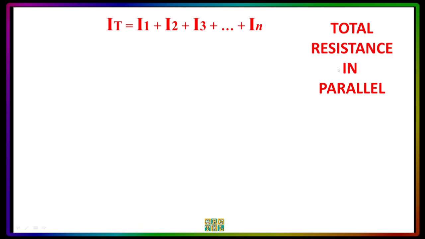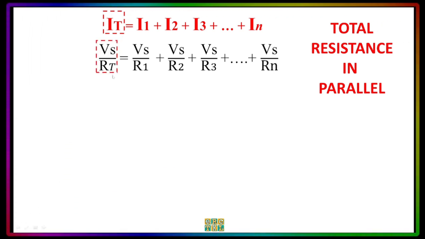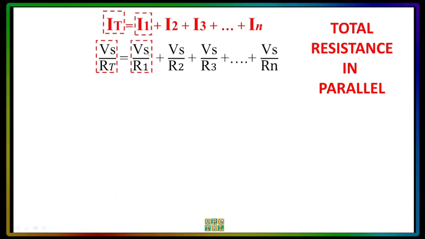So the total current, as I have mentioned, is equal to I1 plus I2 plus I3 up to plus IN. Now, by using Ohm's law, we remember that I is equal to V over R. So I total will be Vs over R total. I1 will be Vs over R1.